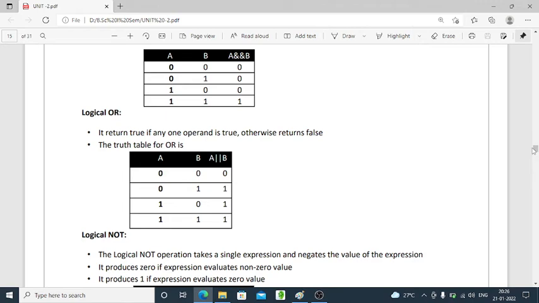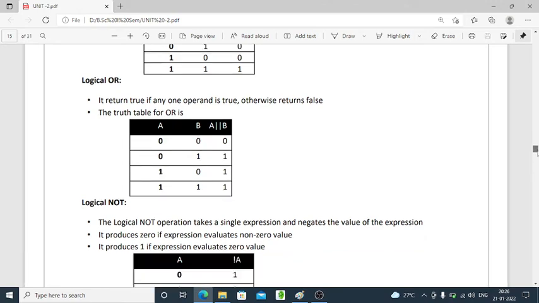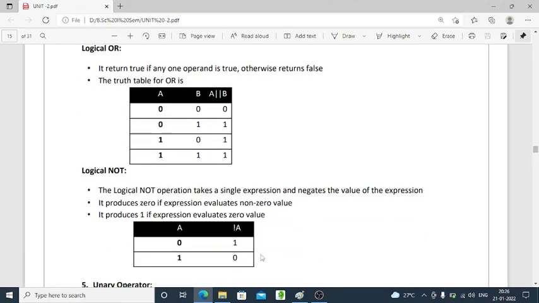Next one is the logical NOT operator. If the value of an operand is 0, the output is 1. If the value of the operand is 1, the output is 0. So it produces 0 if the expression evaluates to a non-zero value, and it produces 1 if the expression evaluates to 0.